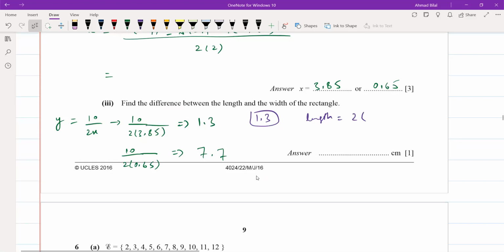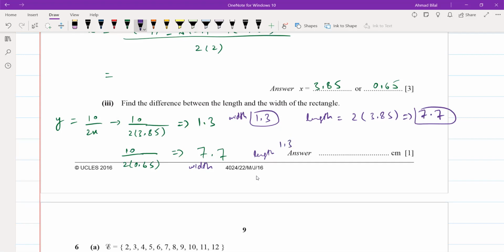That will be 2 into x, that is 3.85, which is 7.7. ये आपकी width थी पहले वाली. अगर आप ये दूसरी x की वैल्यू यूज करते तो उल्टा हो जाता, आपके पास आ जाता width 7.7 और लेंथ आपके पास यहाँ पे आ रही होती 1.3.